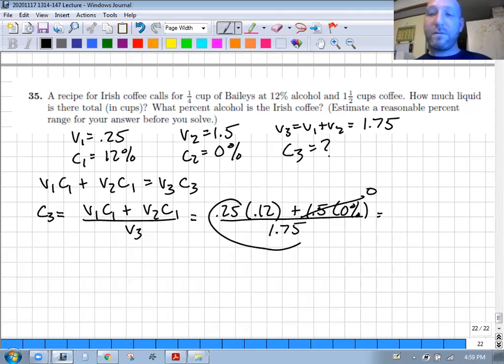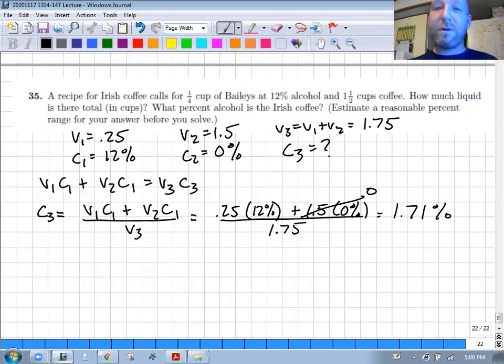So that's our 1/7. 0.25 divided by 1.75, and then we multiply that by 0.12. Hold on, let's write that as 12%. 0.25 times 12 divided by 1.75. There we go, 1.71%, which sounds about right.